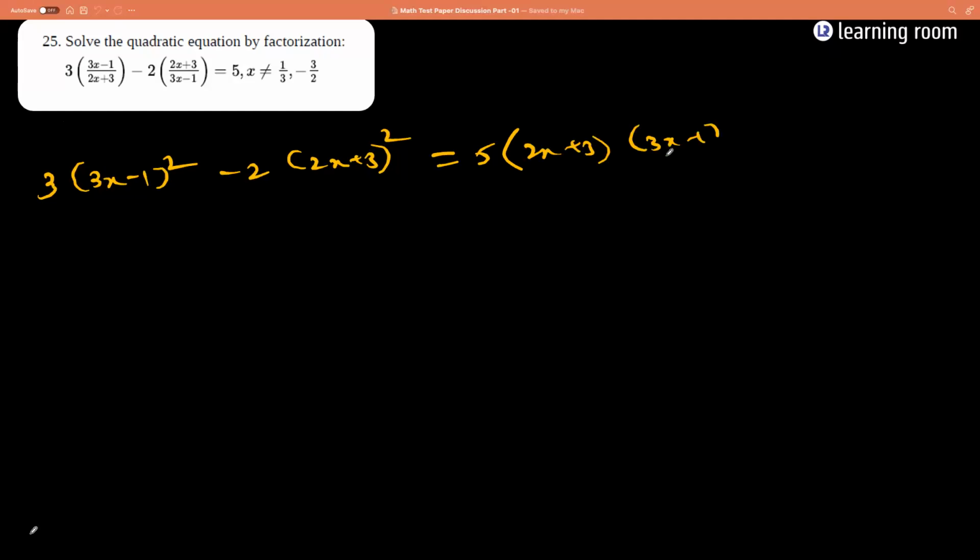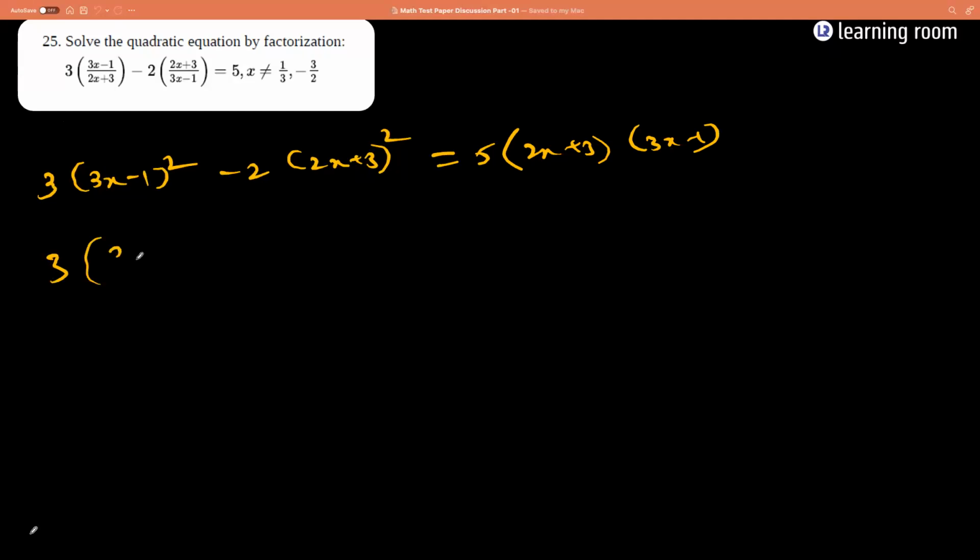Solve the quadratic equation by factorization. First, you need to frame the quadratic equation. So 3 into (3x minus 1) whole square minus 2 into (2x plus 3) whole square is equal to 5 into (2x plus 3) into (3x minus 1).